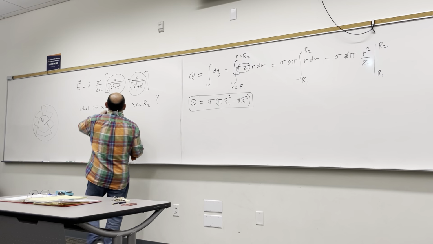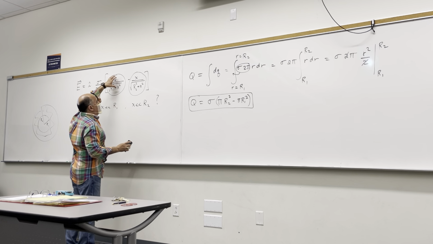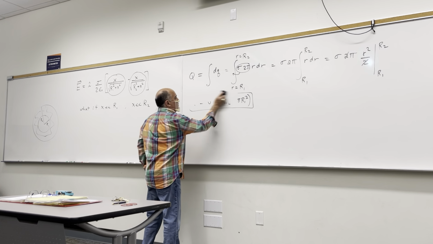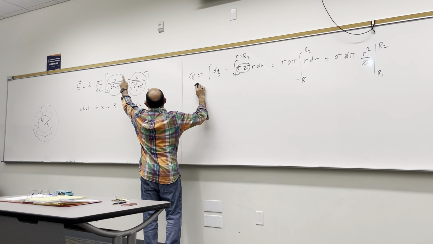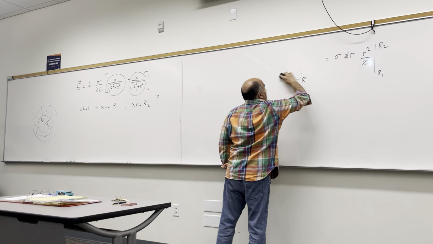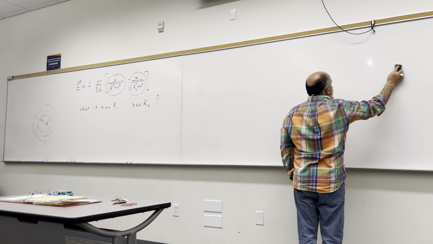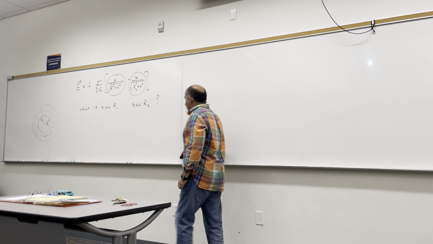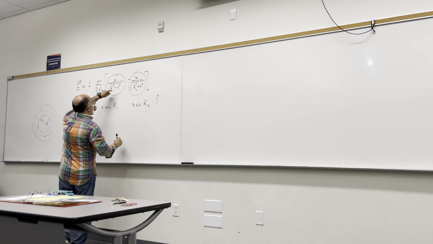The first term in the expansion goes to 1, and then 1 minus 1 is 0, so you get a 0 answer. So we want the first non-zero term. So how do we handle this term over here?